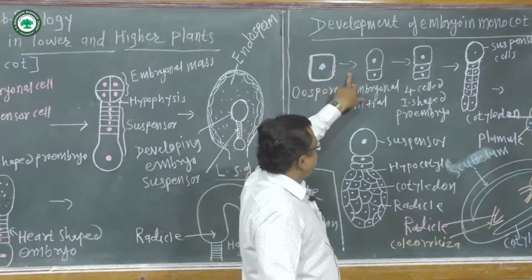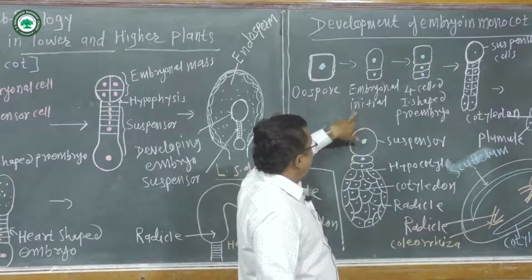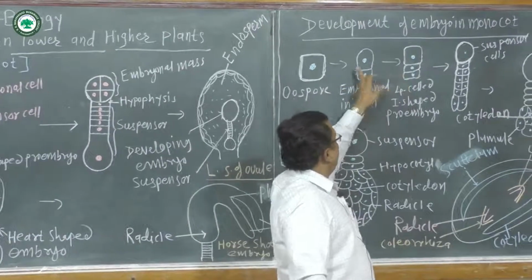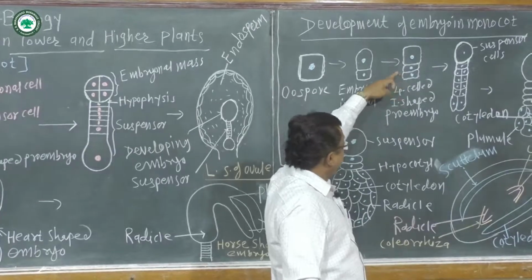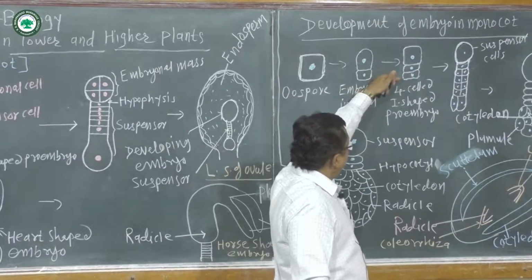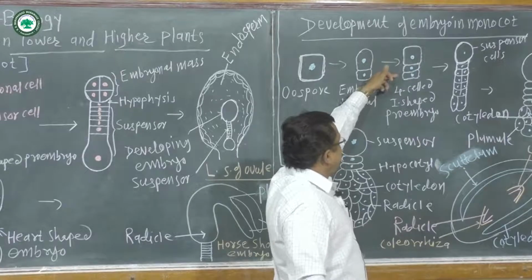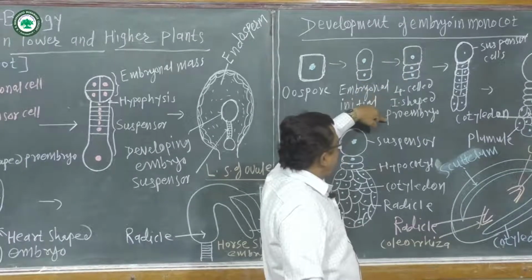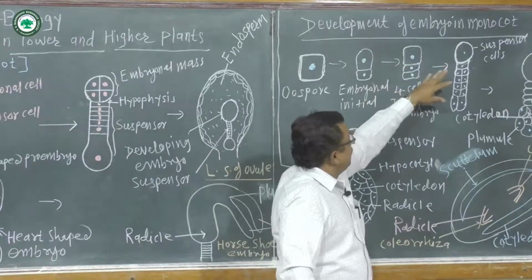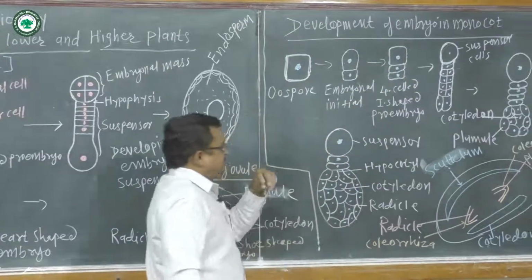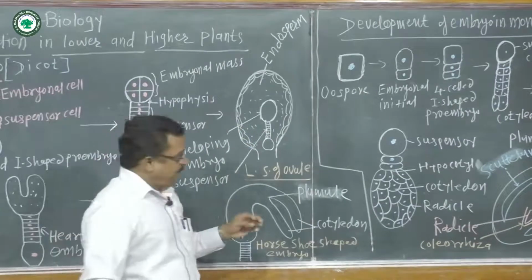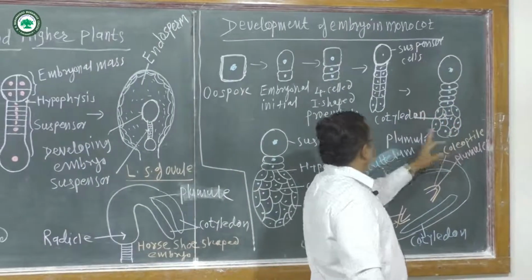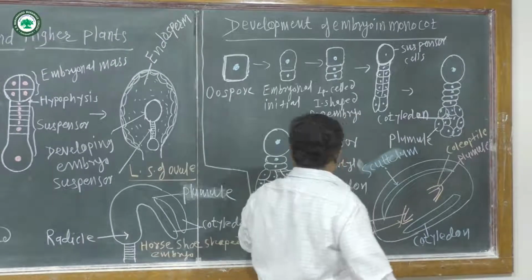This oospore divides mitotically, then transversely into basal cell and terminal cell. The terminal cell divides to form the four-celled proembryo, then again divides transversely and periclinally to form the octant stage.